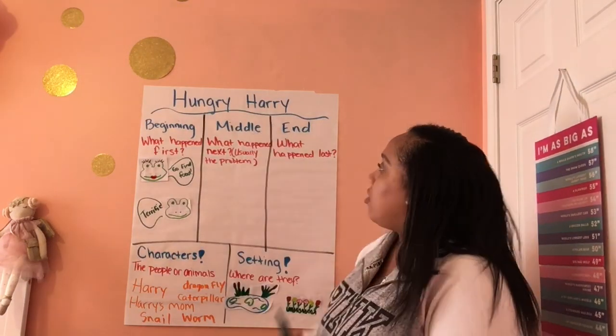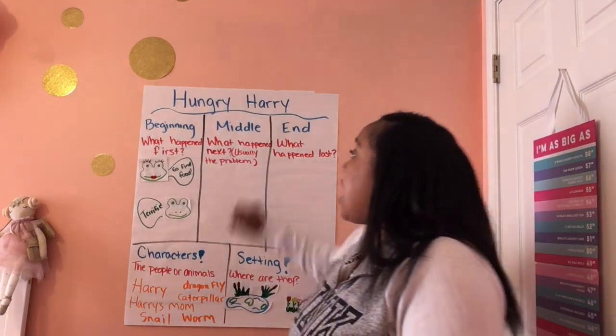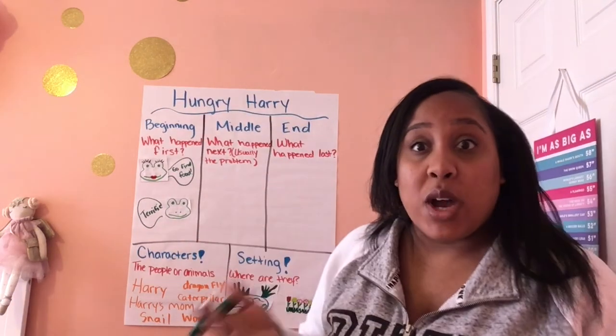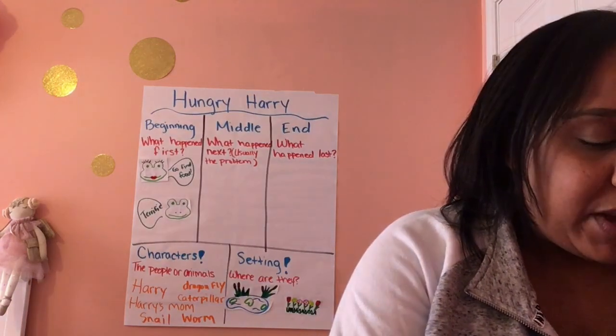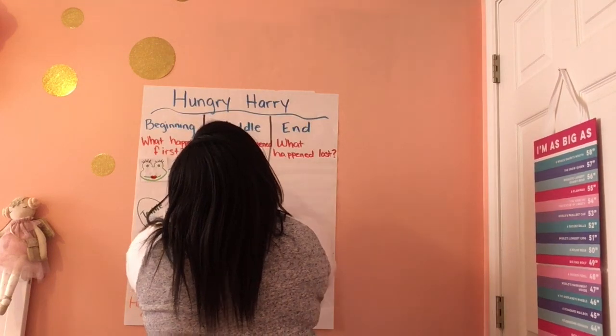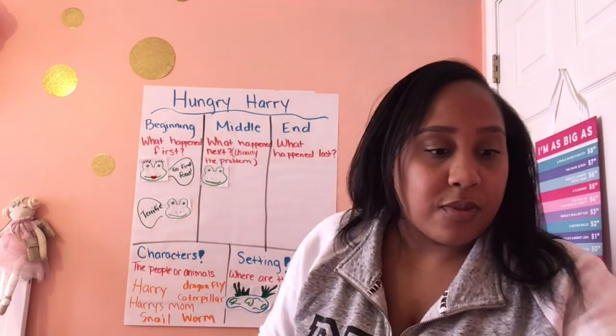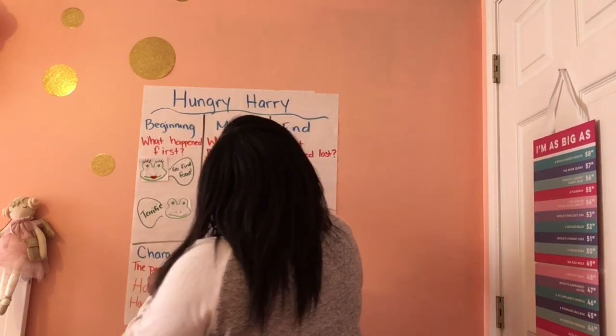Now, middle. What happened next? What happened after he went out to find his own food? And this is where the problem arises. What was the problem? So what happened? Think about it. As I put my pictures out, think about it. There's Harry. These are going to be some clues.